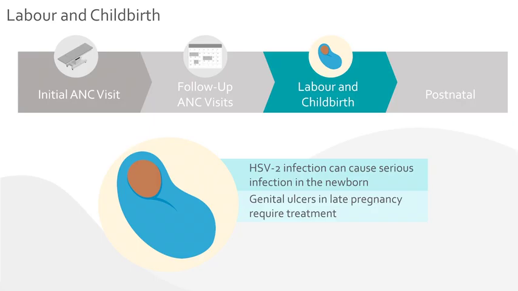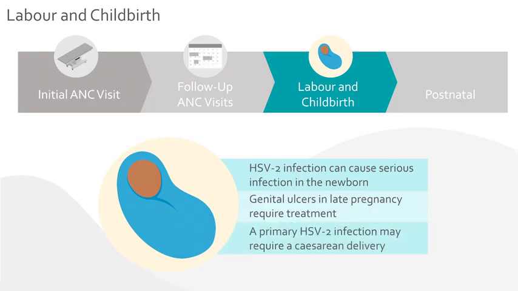If symptoms suggest a primary HSV-2 infection near the time of labor and the mother is not being treated for HSV-2, cesarean delivery may be indicated. Following childbirth, all newborns should routinely be given prophylaxis against ophthalmia neonatorum.